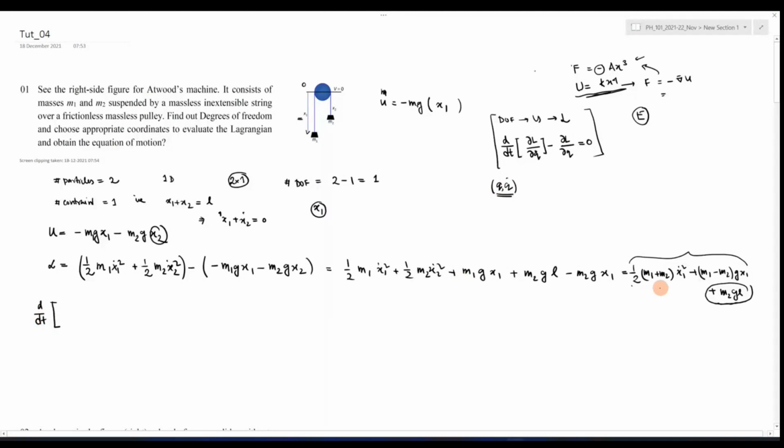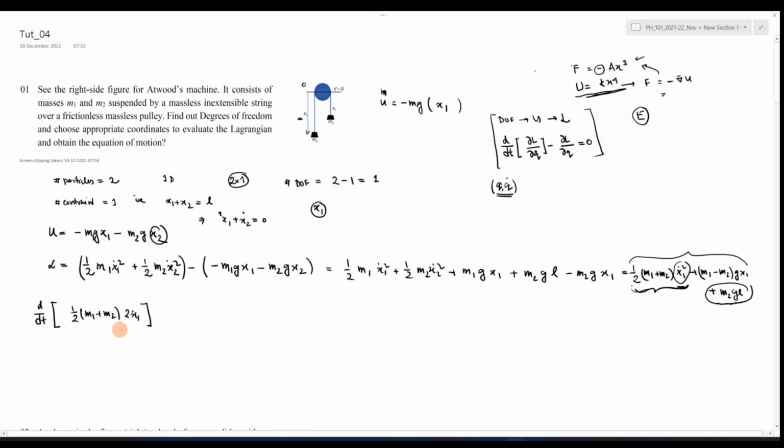What are the terms having q dot? q dot is now x1 dot. This one is having x1 dot, and no other term is having x1 dot. So we only take the partial derivative of this term, which gives half (m1 plus m2) times 2 x1 dot.